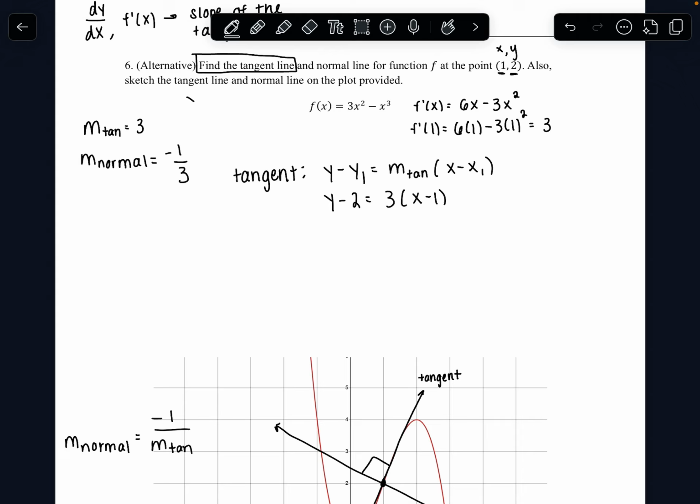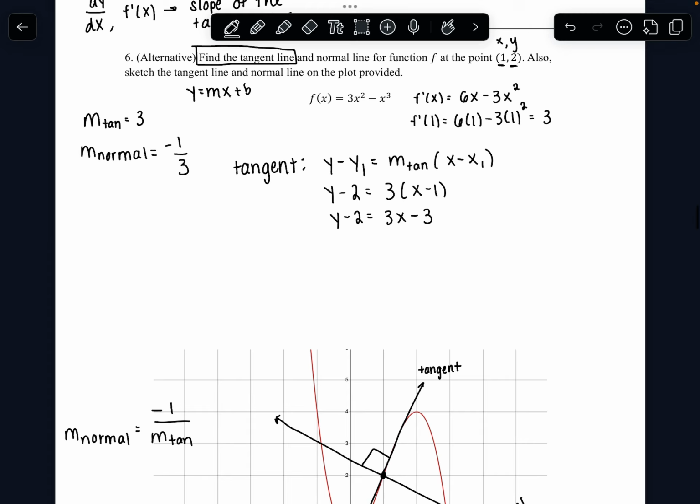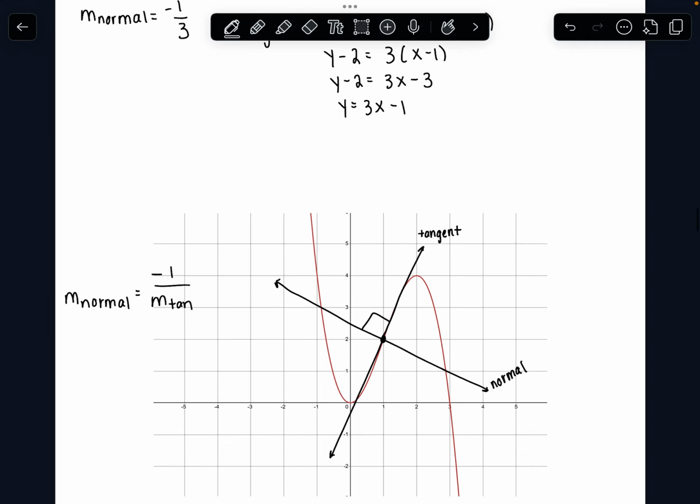Remember, a line is y equals mx plus b, so let's write it like that. So we'll have y minus 2 equals 3x minus 3. Add the 2 over, and y is equal to 3x minus 1. Does that make sense? I think it does. That means I did pretty good on my tangent line.